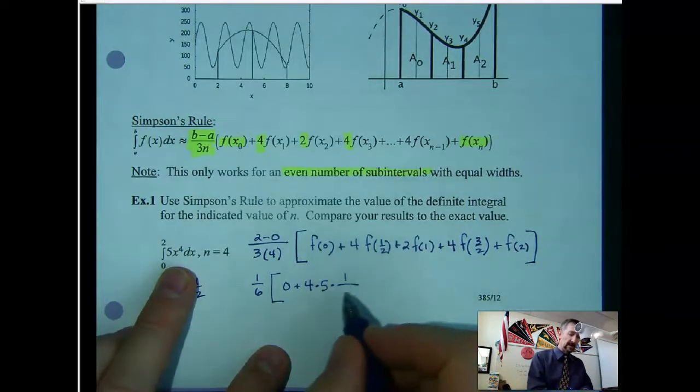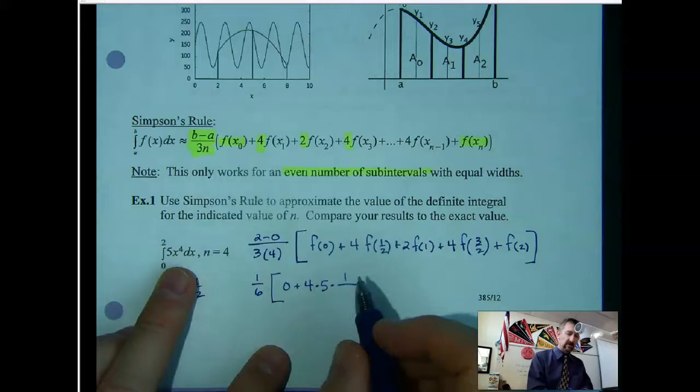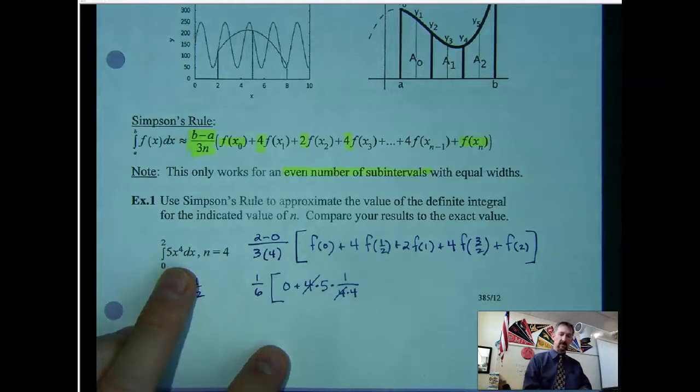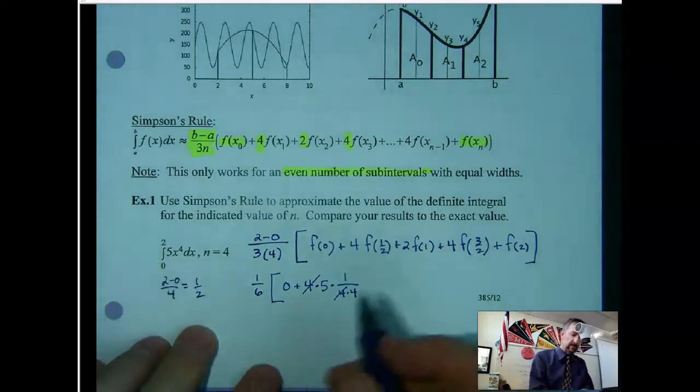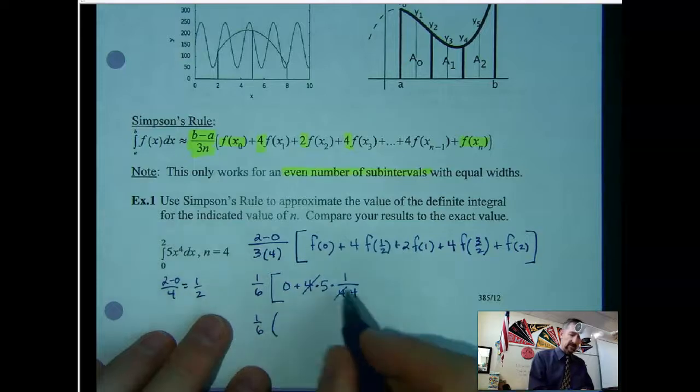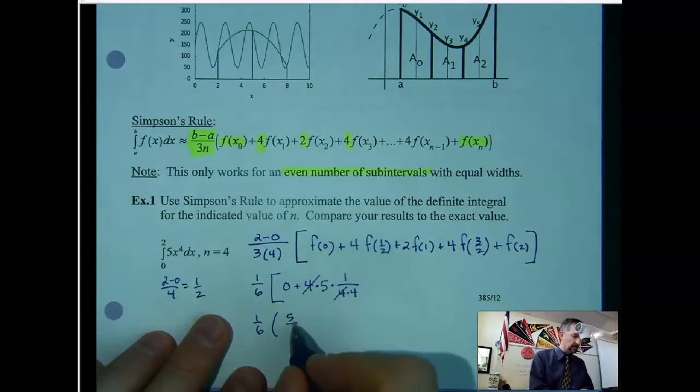But if we think about that, 2 to the 4th power is 2 squared times 2 squared. So I'm just going to write that as 4 times 4 because that's going to cancel out. So doing a little simplification here, that's going to be 5 over 4.